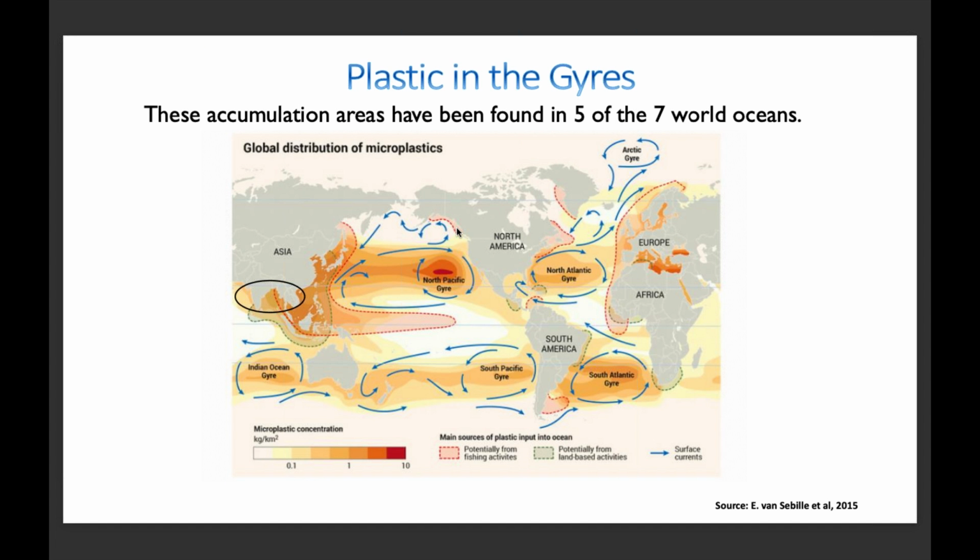This is a slide, if you recall, I had started with. It shows that out of the large scale accumulation areas in the global oceans, there are 5 such zones, 2 in the northern hemisphere and 3 in the southern hemisphere.